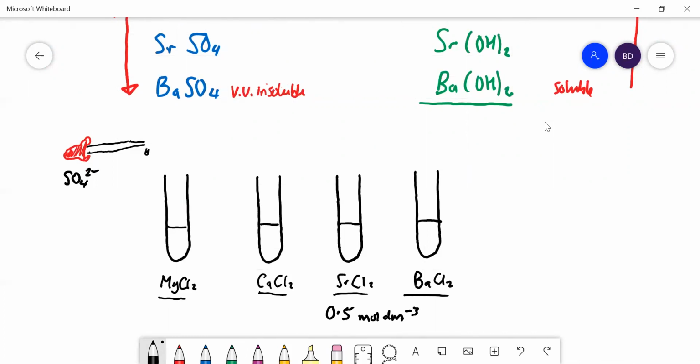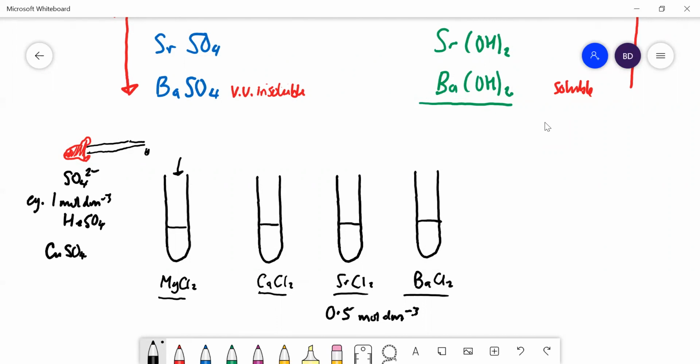The most convenient thing would probably be 1 mole per decimeter cubed sulfuric acid, or you could use copper sulfate. We always have that hanging around. And what you do is you add a drop of that into these.